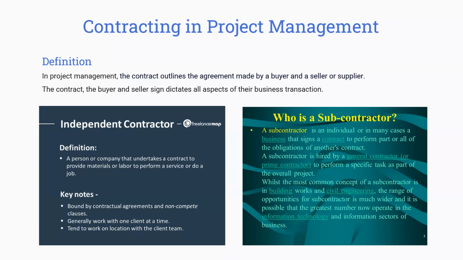So who is an independent contractor? It's a person or company who undertakes a contract to provide materials or labor, to perform a service or to do a job. As a project member, team member or project leader, you are asking one particular supplier, and that supplier can be an individual, another client, another company or maybe a vendor, to supply you with the raw material.